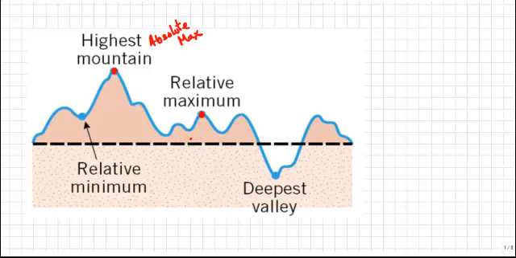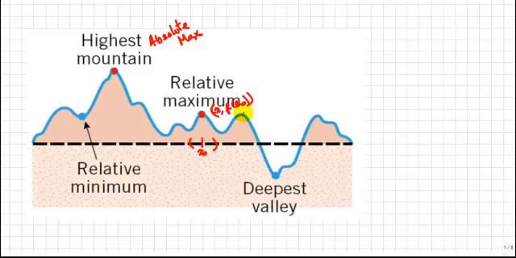So say if you looked at the interval, this would be maybe x naught right here. So this point is x naught comma f of x naught. So the value of the function f of x naught is bigger than the value of the function for any of the other points in that interval. That's what they mean by the relative maximum.